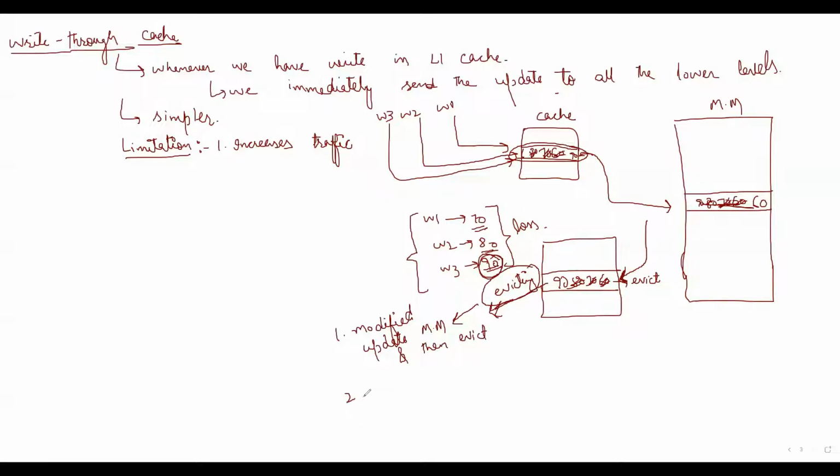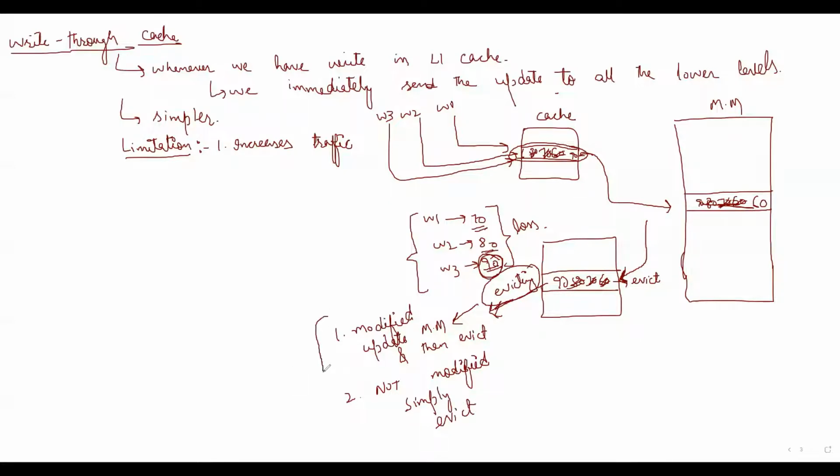However, if the data is not modified, it means whatever data was there in the cache, the same data is in the main memory as well. So if the data is not modified, simply evict.